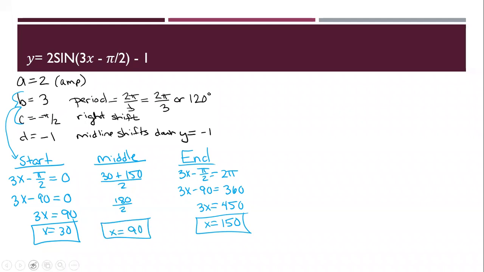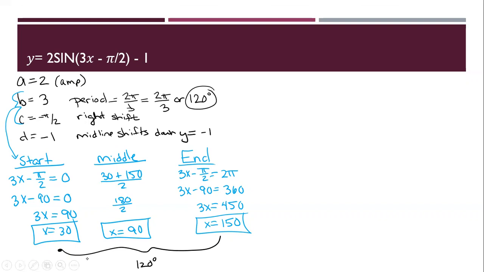Okay, so look at this for a second. If I start at 30 and we calculated that the period or wavelength was 120 degrees, then if my end is 120 degrees later, I should land at 150. That makes sense.